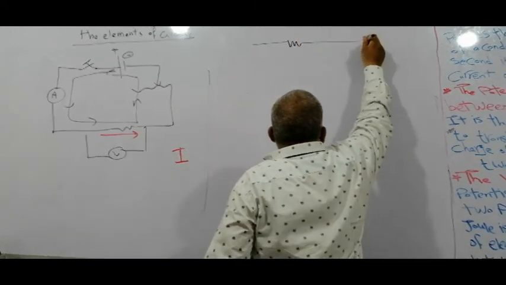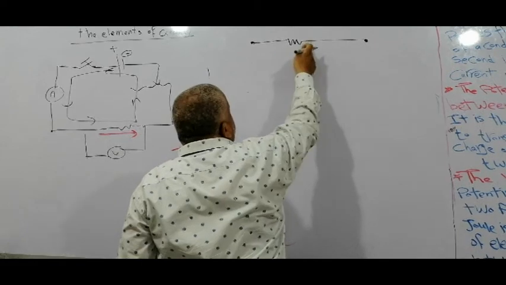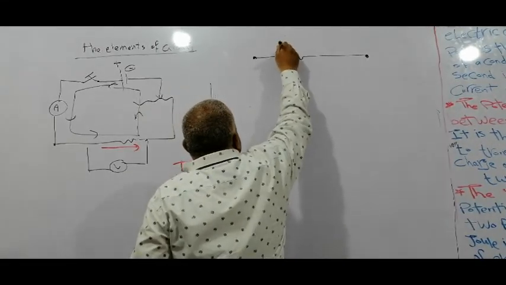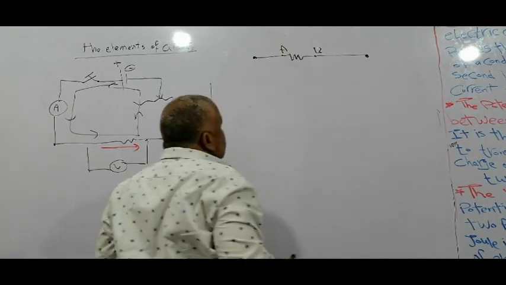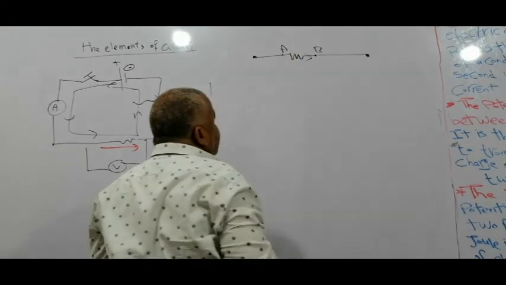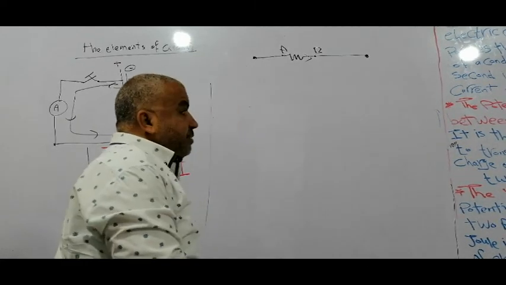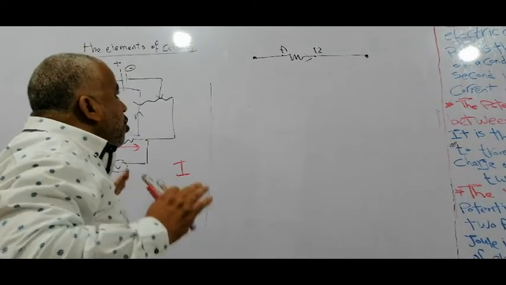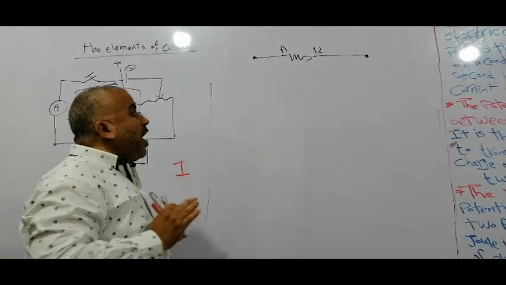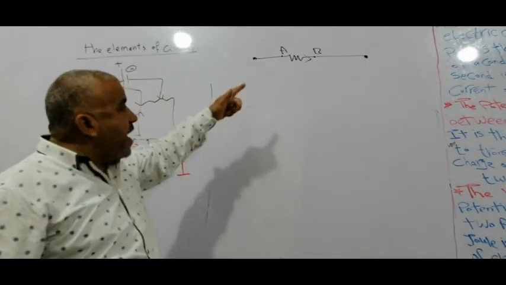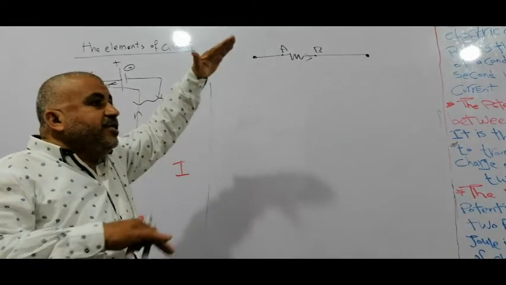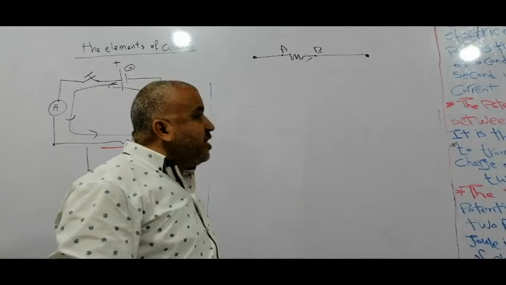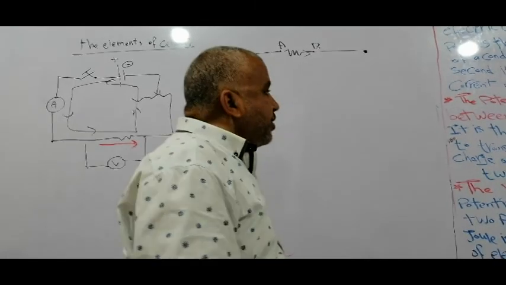When we have a resistance, heater, lamp, anything, between A and B, the direction of current is the conventional direction. The potential difference between 2 points is the work done to push the charge between points A and B. A is high level, B is low level, the difference in level between A and B. When we push the charge, we need to do work.